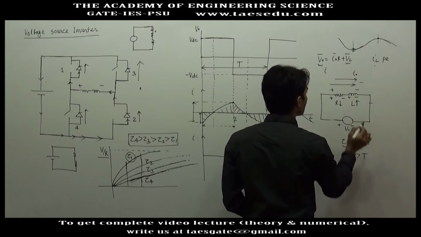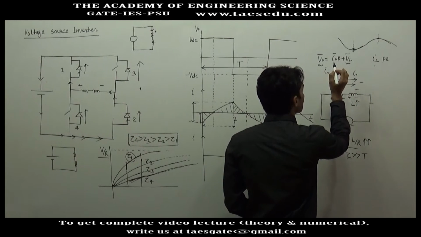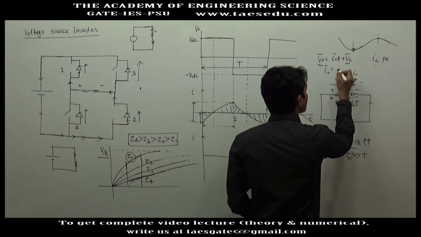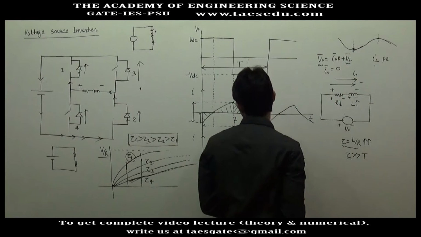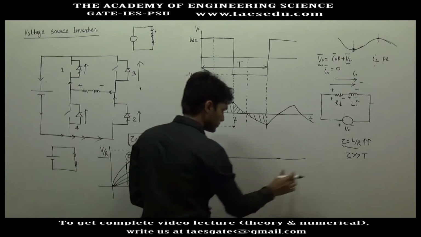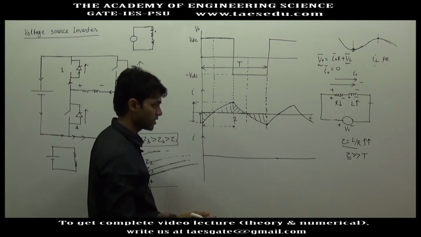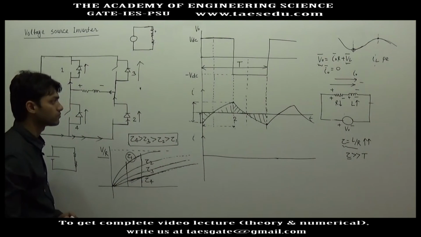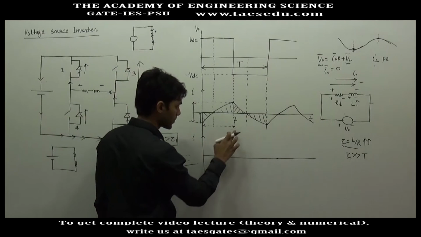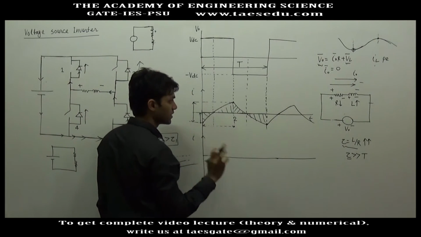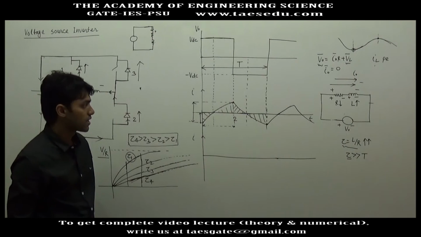So even if you increase tau, there will be no difference to the average inductor current, which will be 0. So while making the graph of inductor current for the higher value of tau, we again have to stick to the same concept that the average value of inductor current will be 0.